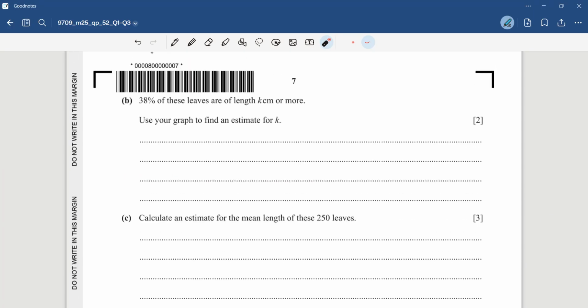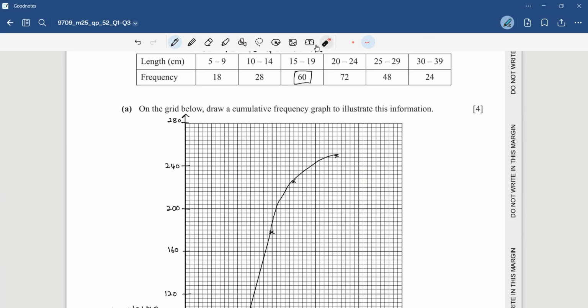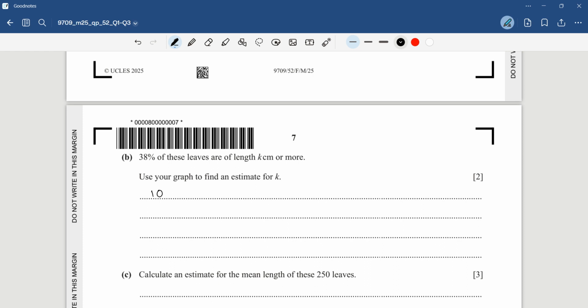Okay, then for B, use your graph to find the value of k where the length is k or more. So normally we look at the below part. K or more means something like this. So 38% is from somewhere here. So we do 100 minus 38%, which will be 62%.